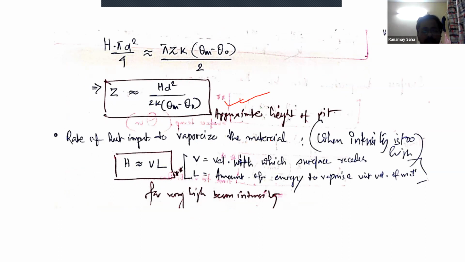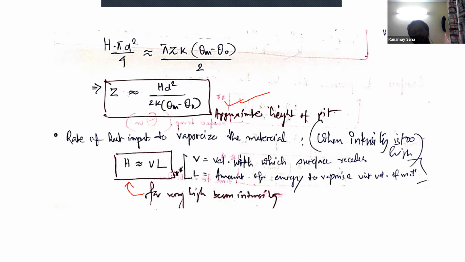And this is the simplistic version of the heat input rate to vaporize the material, given the velocity at which the surface recedes and the amount of energy to vaporize unit volume of material. This is for very high beam intensity.